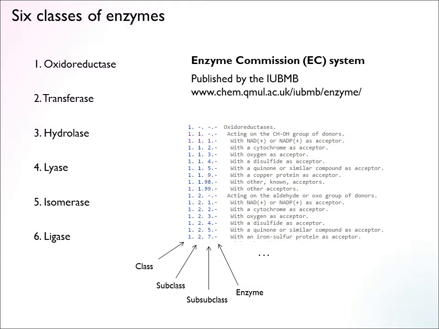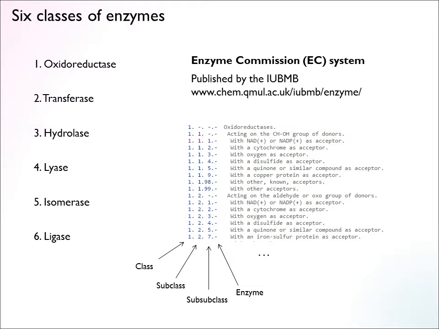So there are these major 6 classes, but then each of those have subclasses, so there are kind of specializations. There is a sub-subclass, and then within each sub-subclass you can finally find an enzyme. So it can be a structure looking like this. You can have the major class 1, the oxidoreductases, and then the second group is whether it acts on alcohols or on aldehydes, or what it acts on.